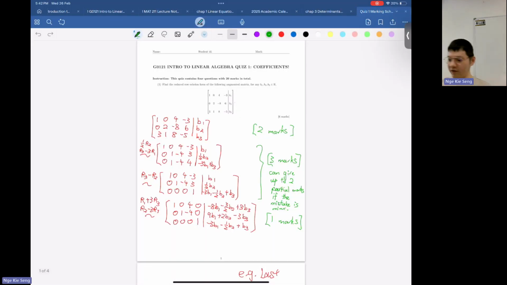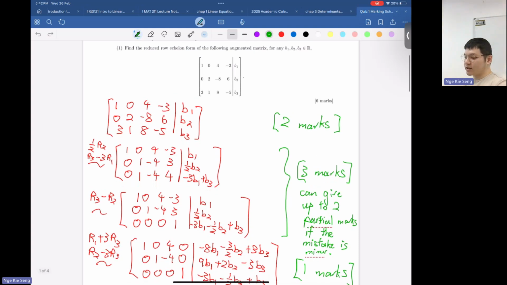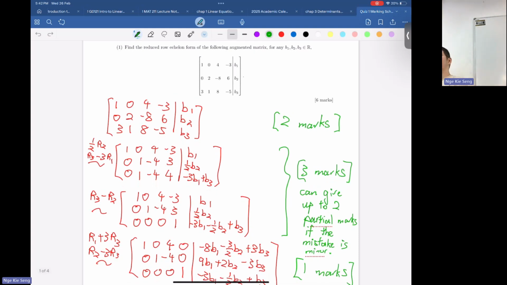Okay, so the first question is very straightforward. You just do row reduction. Row reduction has an algorithm I taught you. So what to do first? You find the leftmost pivot first, from any row. After you find it, make everything below it 0. Then find the pivot in the second position and make everything below 0 again.